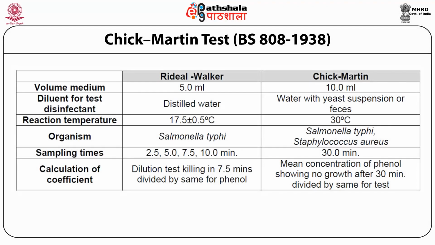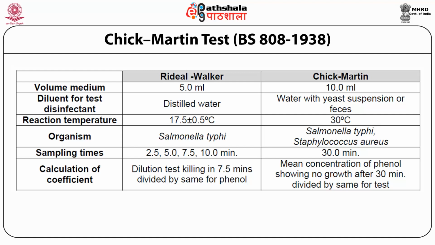When you compare both methods, Rideal-Walker and Chick-Martin, the volume of the medium used in Rideal-Walker is 5 ml, whereas in Chick-Martin it is 10 ml. The diluent for disinfectants in Rideal-Walker is distilled water, but in Chick-Martin it is water with yeast suspension. The yeast suspension or fecal matter is used as organic matter in the Chick-Martin test.